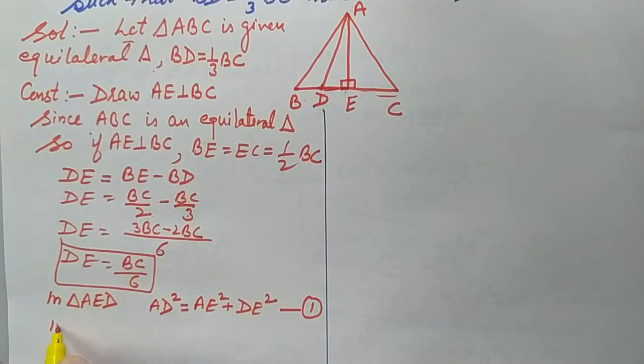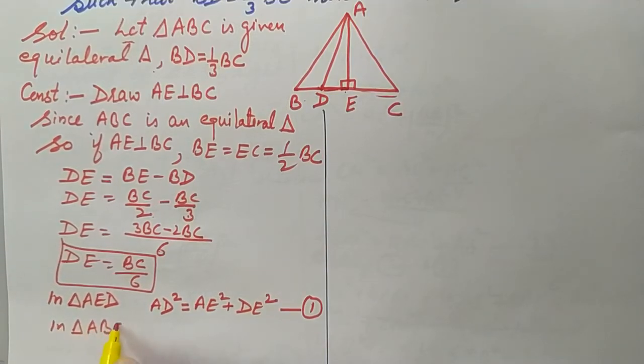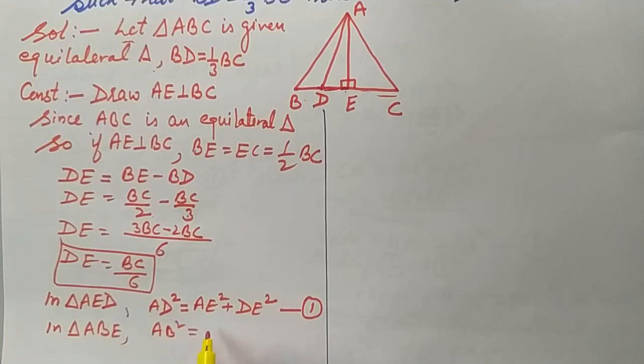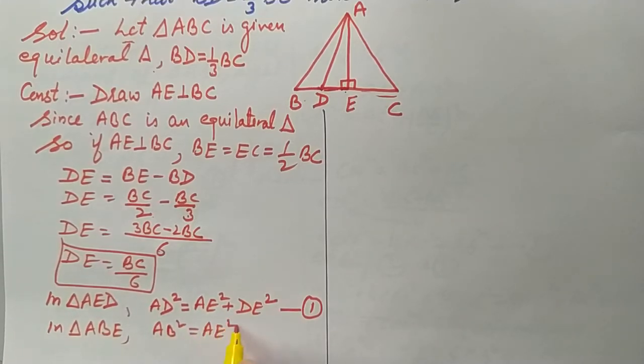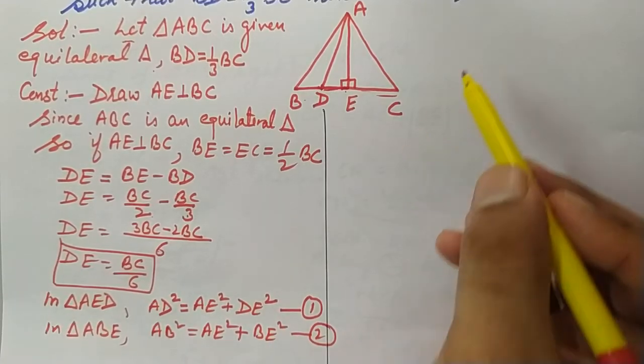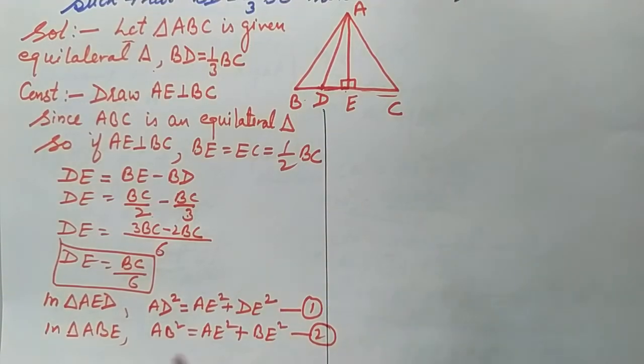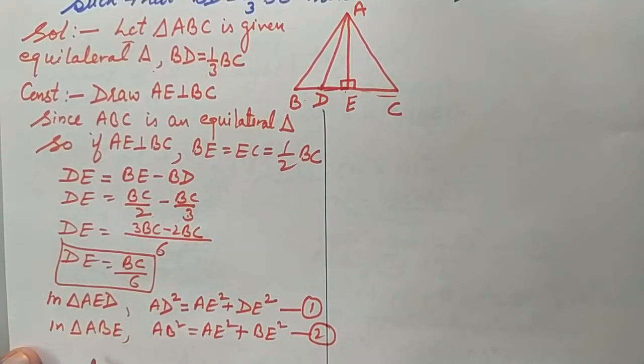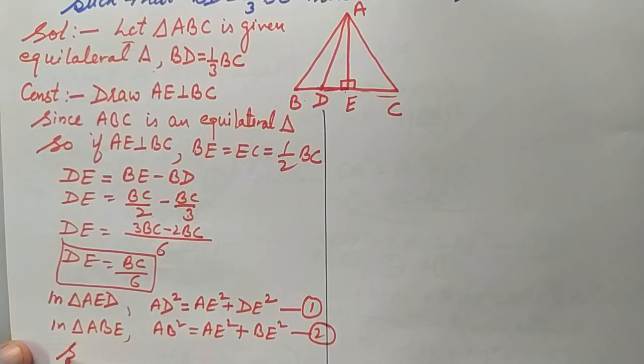In triangle ABE, by Pythagoras theorem, AB square is AE square plus BE square. This is number 2. As asked in the question, we need to subtract AB square from AD square, as I told you in the beginning. So we'll write subtracting 2 from 1, not 1 from 2, equation 2 from equation 1.